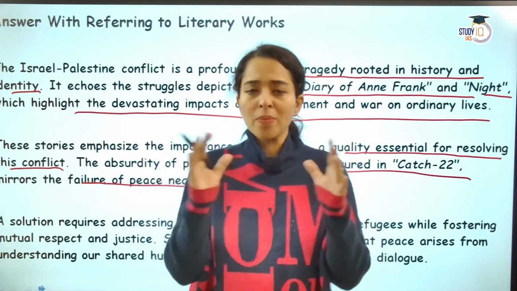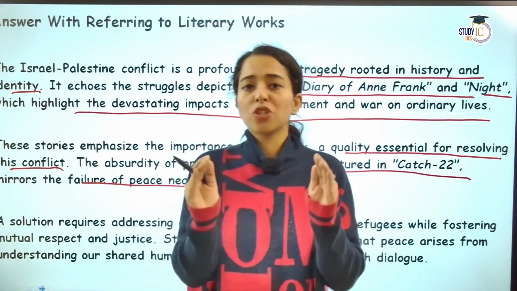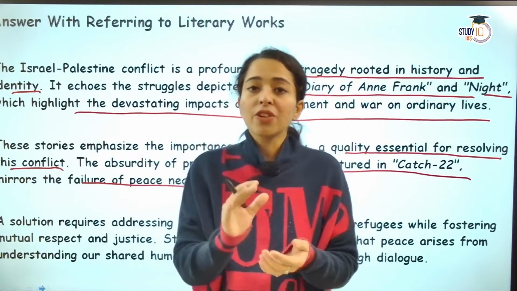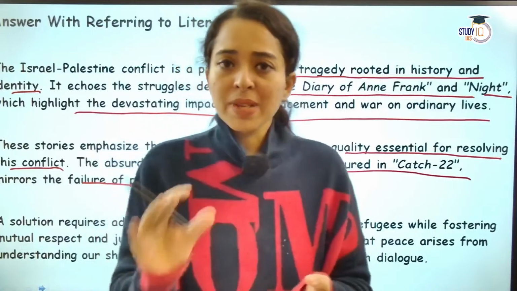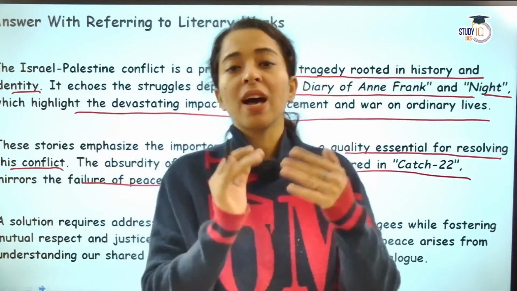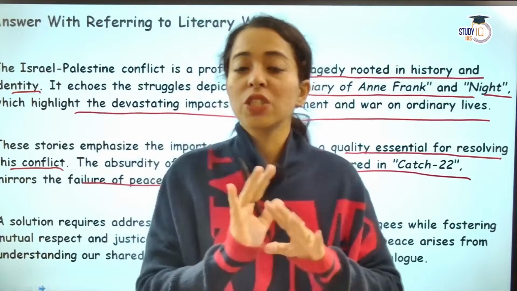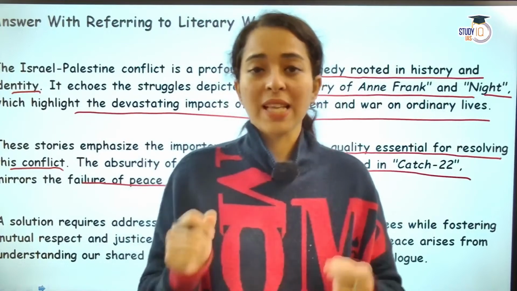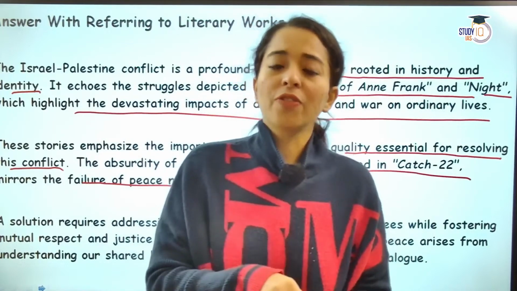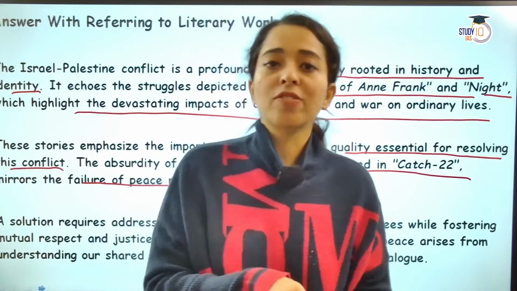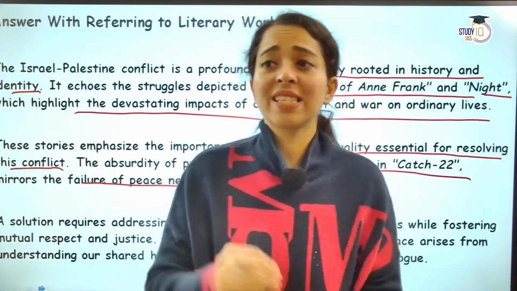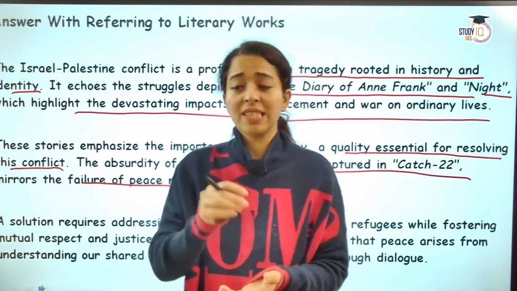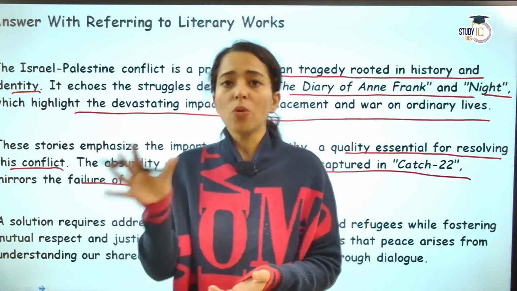Okay, so you can formulate your answer in any manner by giving reference to literary works in order to give stronger legitimacy, stronger validation to the answer, vis-a-vis those answers which do not give literary references. This adds a lot of gravitas, a lot of substance to your answer, and that is what gives you an edge. And this is the reason the subject English literature plays a profound role.